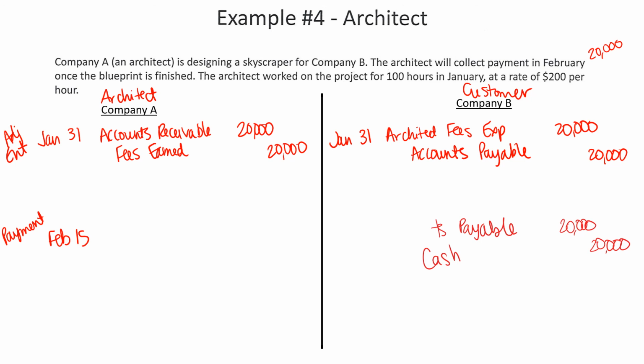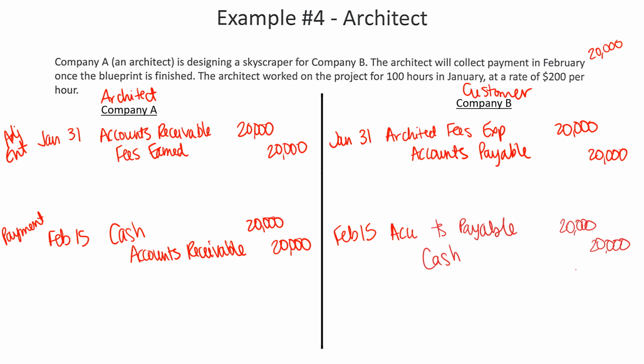The architect receives the cash, so they debit cash and credit accounts receivable for $20,000. And then the customer, now that they're paying the cash on February 15th, remember that would be a credit to cash. So their debit will be to accounts payable now that they are paying this amount.